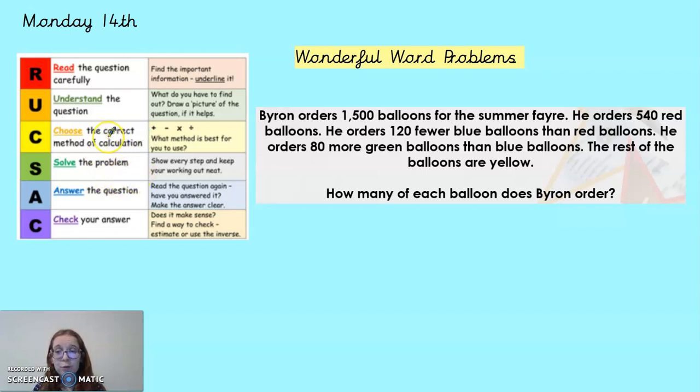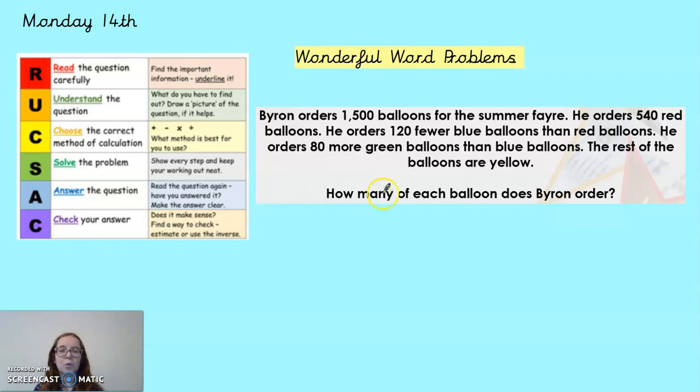Then we're going to solve the problem, writing down the answer to our question, making sure that we include the measurement, whether that's kilograms, kittens or balloons. Got to make sure we put that in, otherwise I'm going to assume that you're talking about giraffes. And then the last thing we're going to do is check your answer. Can we use estimation or the inverse to help us work out if our answer's in the right ballpark?